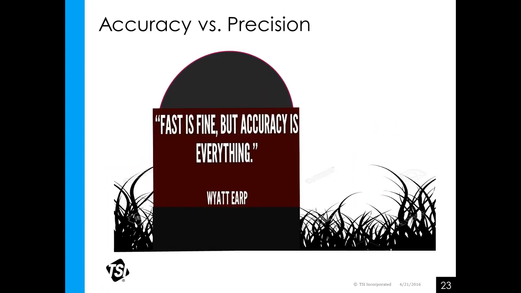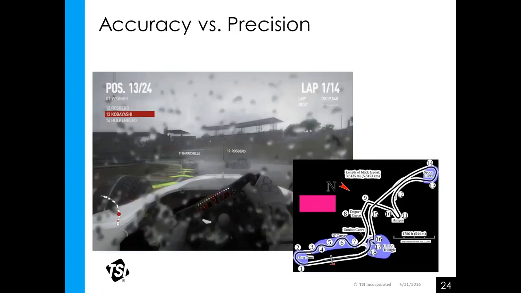Maybe a better way to determine this is here's this poor driver Kobayashi in a race in the middle of a downpour. He's number 13 in the chart. Now, obviously, to this point, on lap number 1 of 14, he's obviously been successful. Number 1, he hasn't crashed.